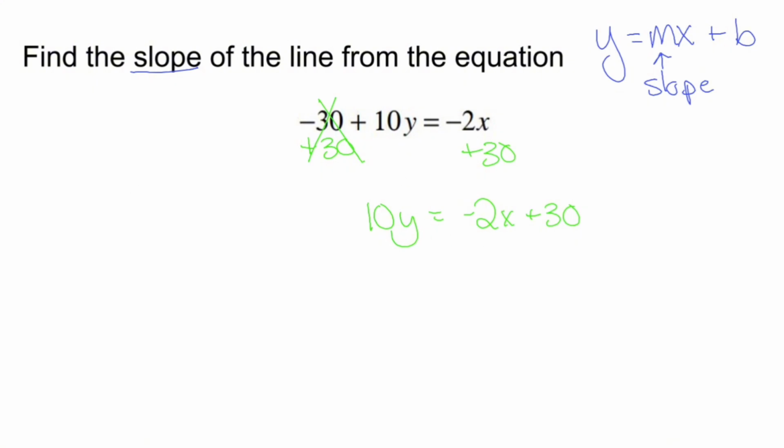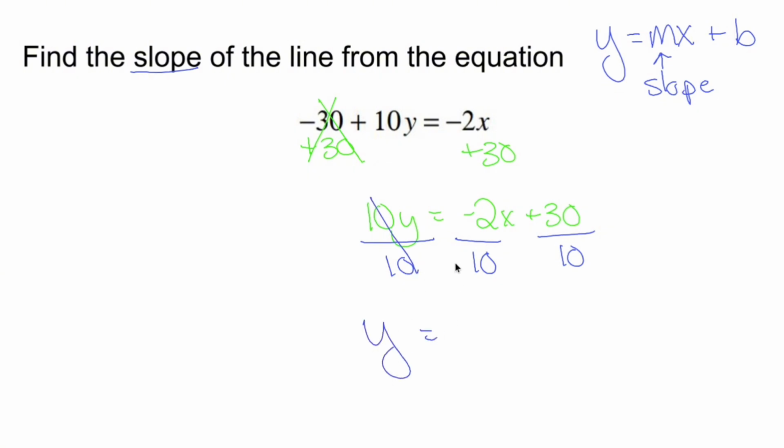Now, am I done? No, because my job is to get y all by itself. Y isn't all by itself. 10 is being multiplied to y. How do you get rid of a 10 that's being multiplied to y? Well, you divide 10 from everything, from both sides. That crosses out.